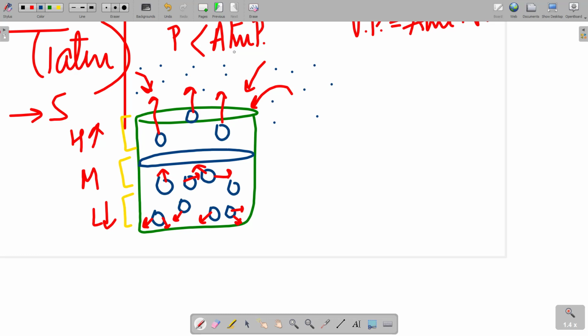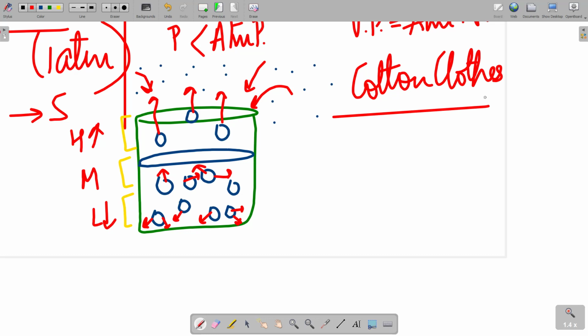So one practical example could be that whenever we wear cotton clothes in summer, what happens then? We feel comparatively comfortable whenever we are sweating. So what is happening? From the surface of our body, whenever we are perspiring, sweat comes out of our body and it evaporates. As soon as it evaporates, the molecules take away with them all the energy of the body from that area and keep our body cool.